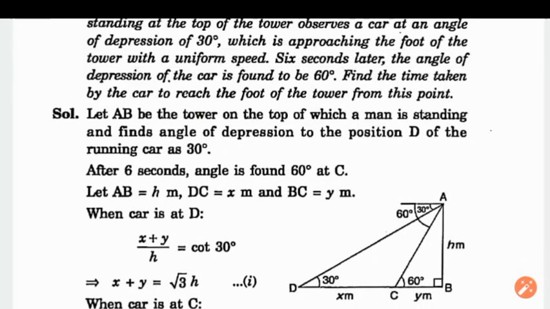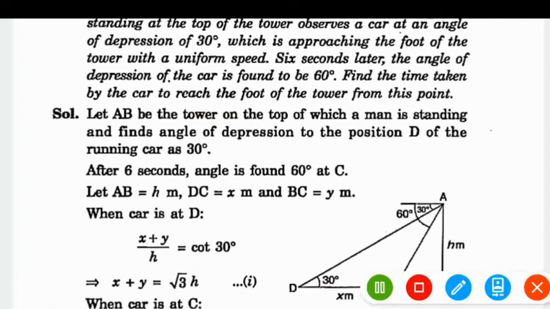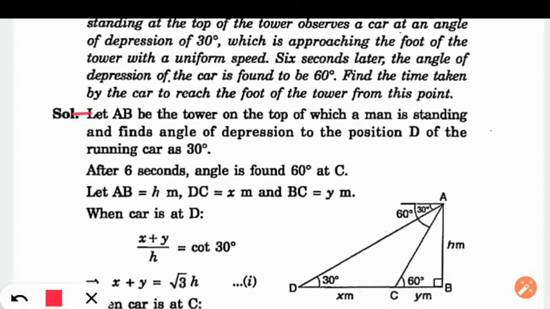Find the time taken by the car to reach the foot of the tower from this point. From this point means where it is making 60 degree, from that point how much time it will take to reach the bottom or foot of the tower.